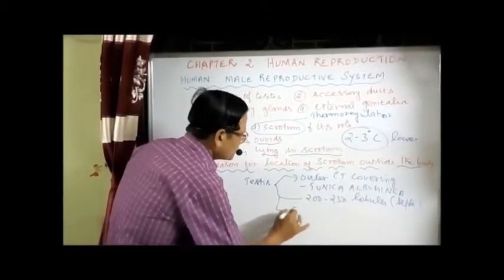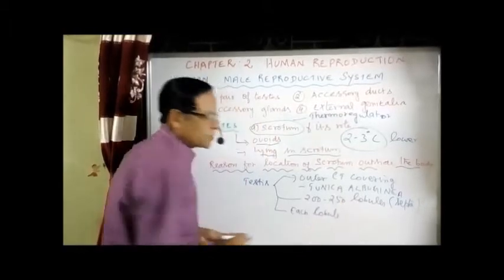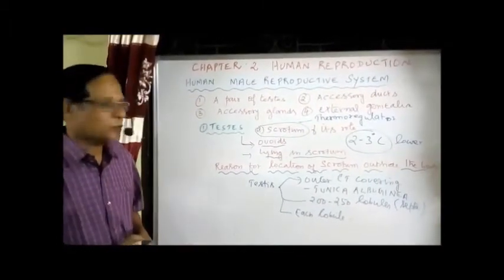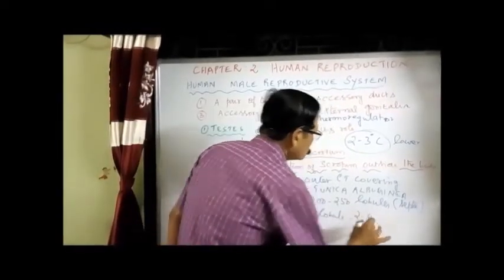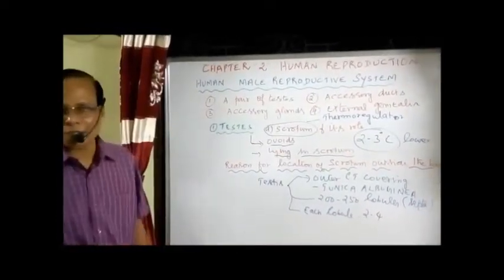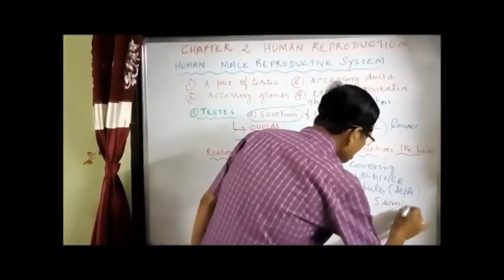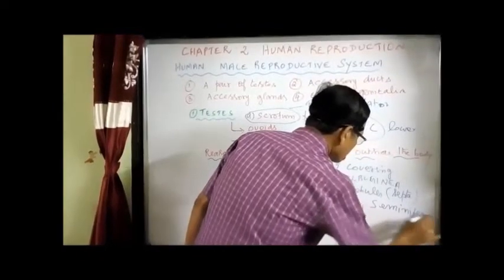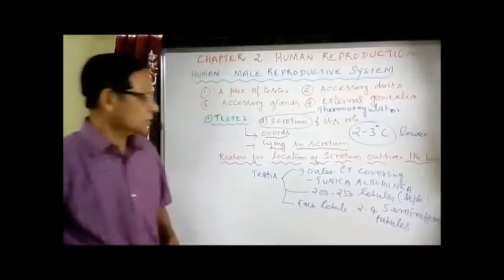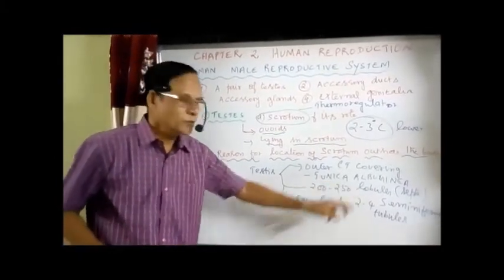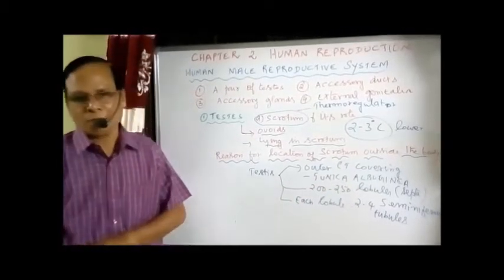Each lobule contains 2 to 4 highly coiled tubular structures called seminiferous tubules. So we have 200 to 250 lobules, and each lobule has 2 to 4 seminiferous tubules.